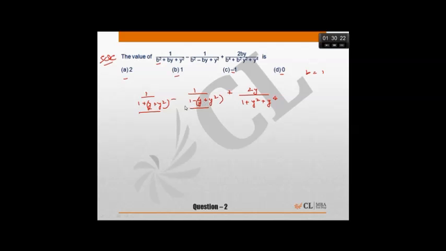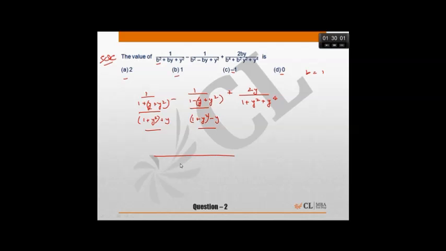Hold on. What am I doing? So this should be 1 plus y square. Okay, so I can say 1 plus y square plus y and 1 plus y square minus y. So this is a plus b into a minus b.